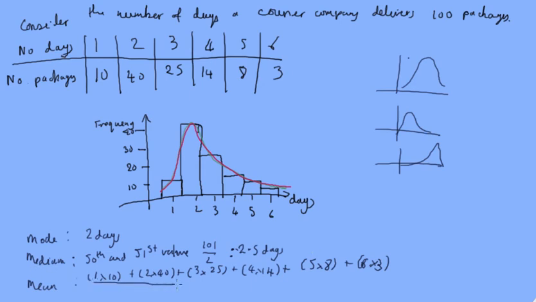And we divide it all by 100, and that gives us 2.79 days. The mean is the largest of the averages, and that's because of the long tail on our data. The mode is the smallest average, and that's because we've got this short tail here. And the median is between the mode and the mean.